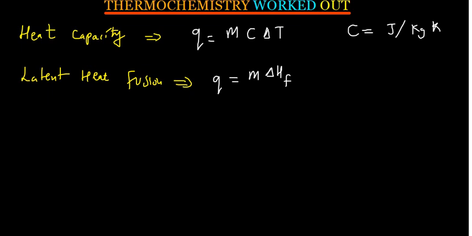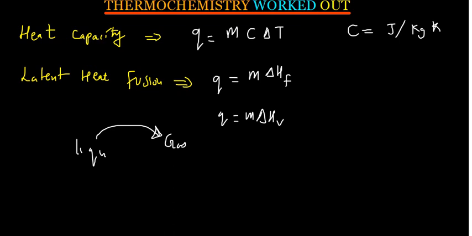Latent heat of vaporization is the same, but you just put m, delta H, and a V, because that is vaporization. Vaporization involves a liquid and a gas, while fusion involves a solid and a liquid. To move from a liquid to a gas, you apply energy.